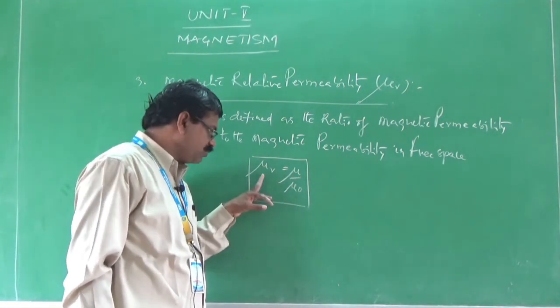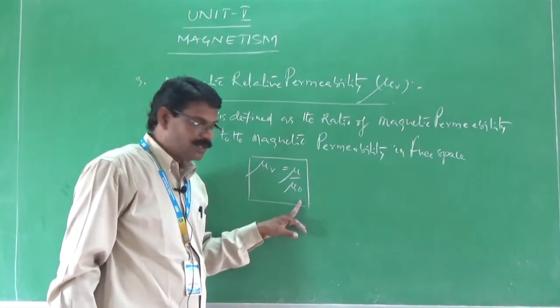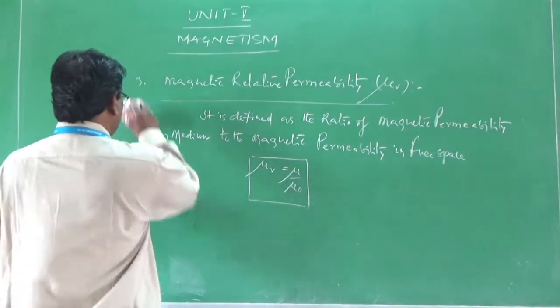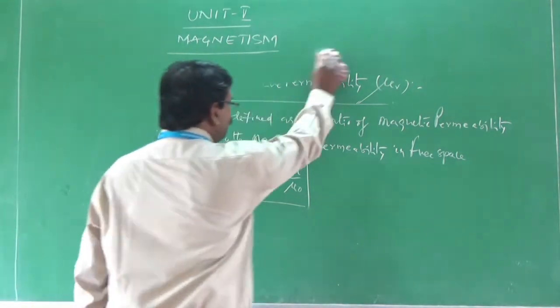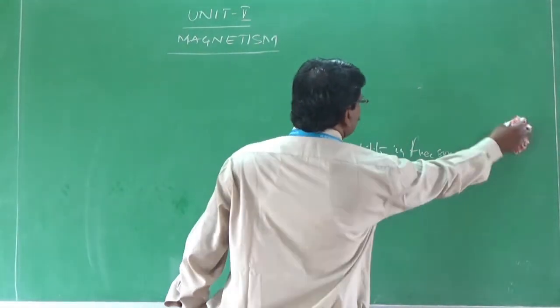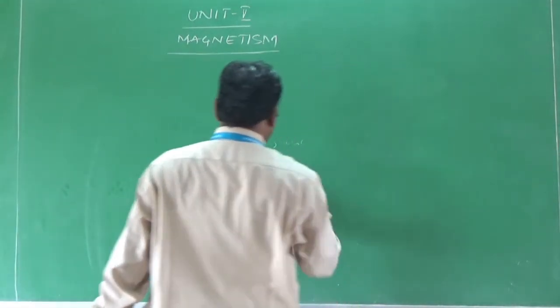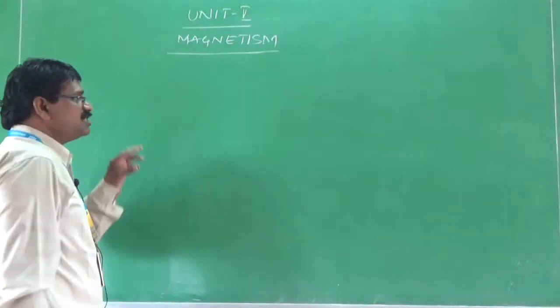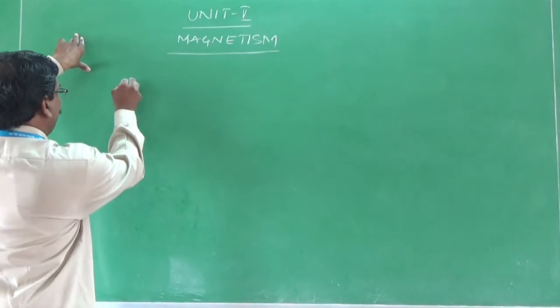So, we can represent that mu r is equal to mu by mu naught. Now, we have a relationship between B, H and I. Let us see this based on magnetic permeability.